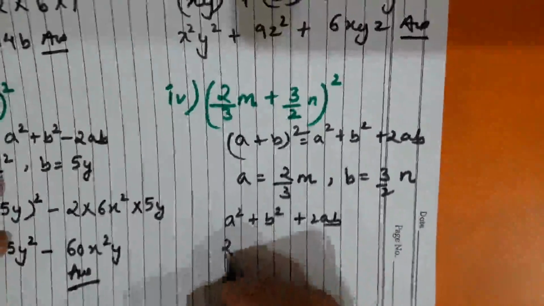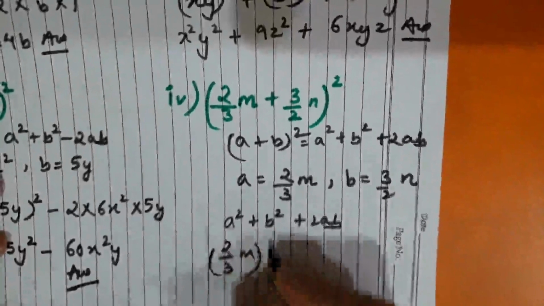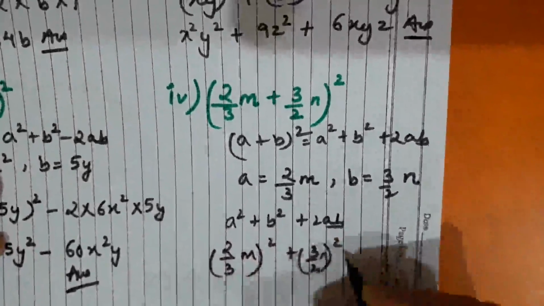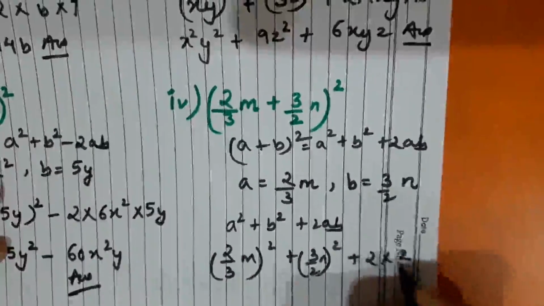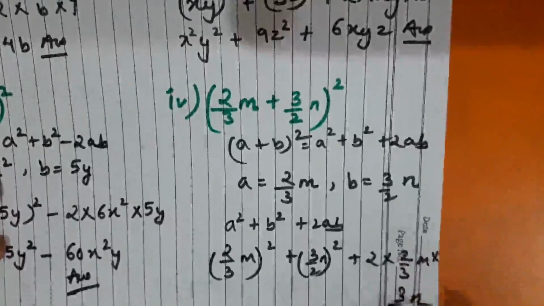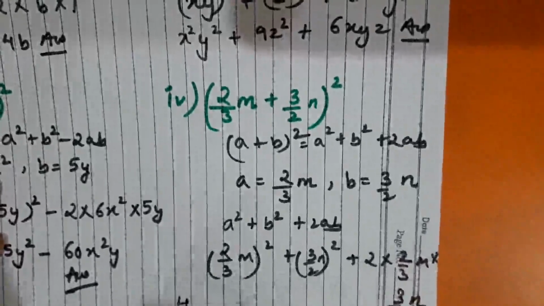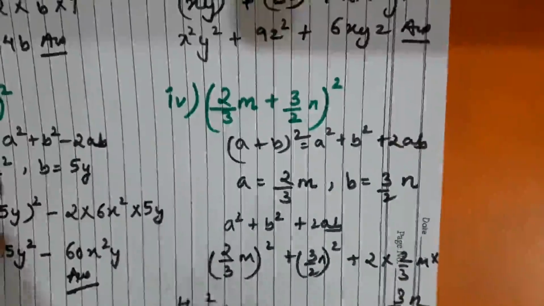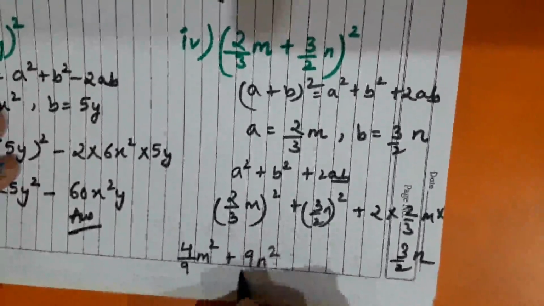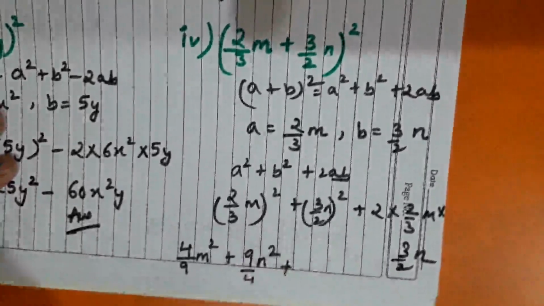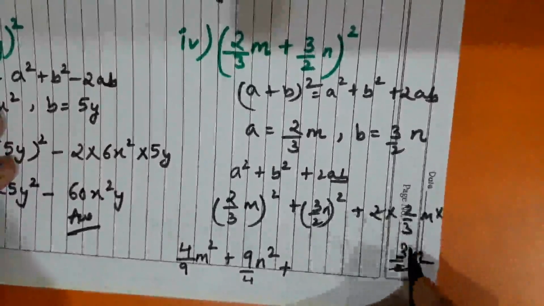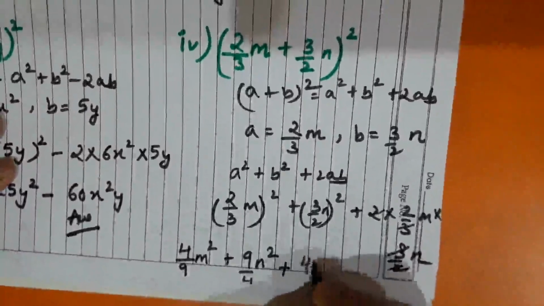a value is (2 by 3 m) whole square, b is (3 by 2 n) whole square, plus 2 into 2 by 3 m into 3 by 2 n. It gives you 4 by 9 m square plus 9 by 4 n square plus 2 mn.